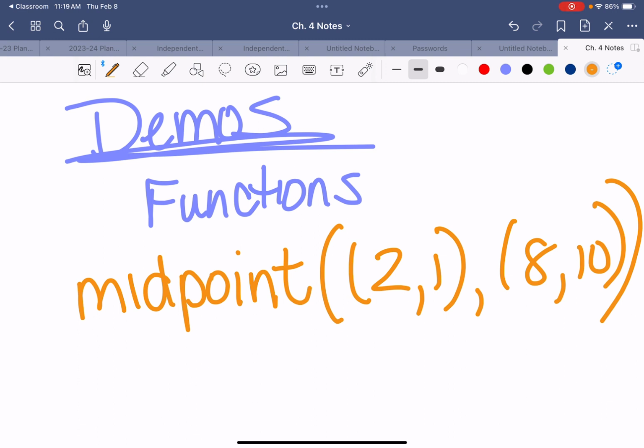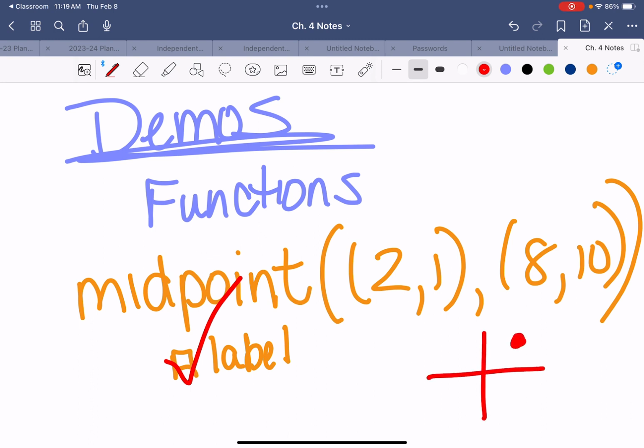Now you're going to have the little box down here which says label. I'm going to check it, because then Desmos will graph the midpoint, and when you click label, it's going to give you the exact values of it. So for those of you that have been struggling with distance formula and midpoint, hopefully I just made it a whole lot easier for you.